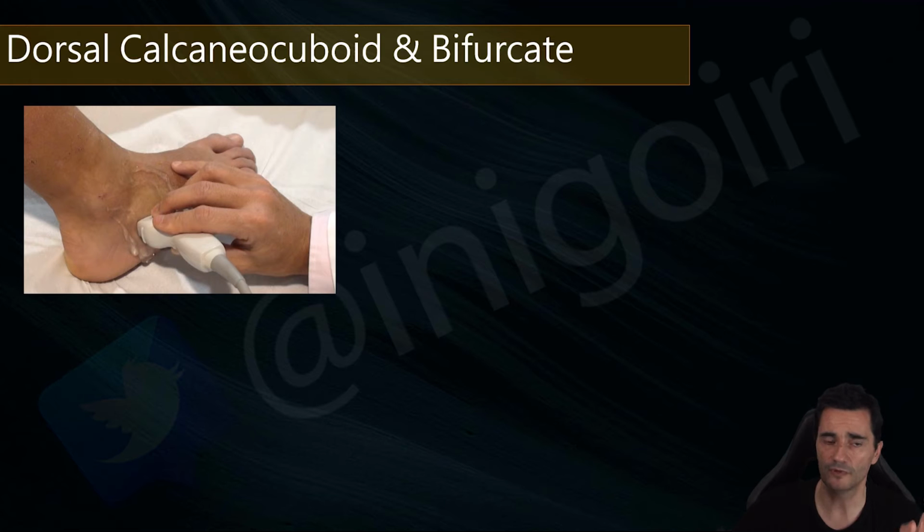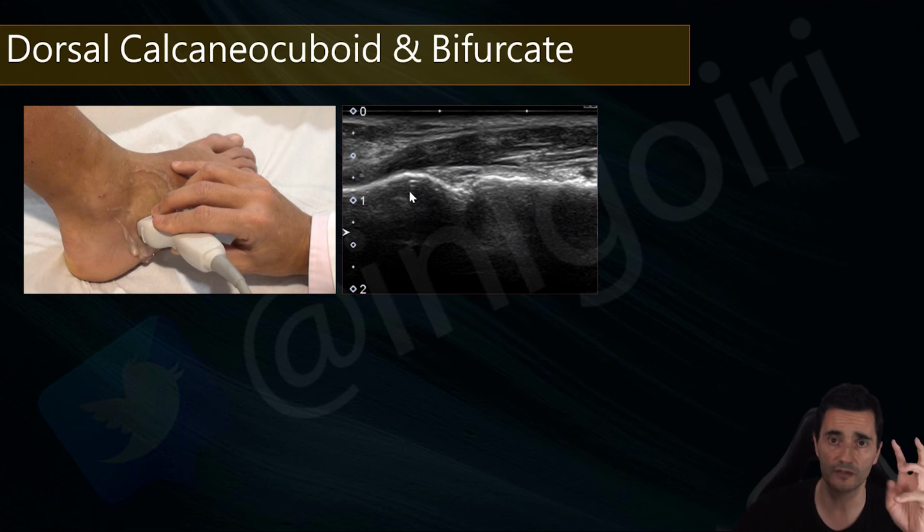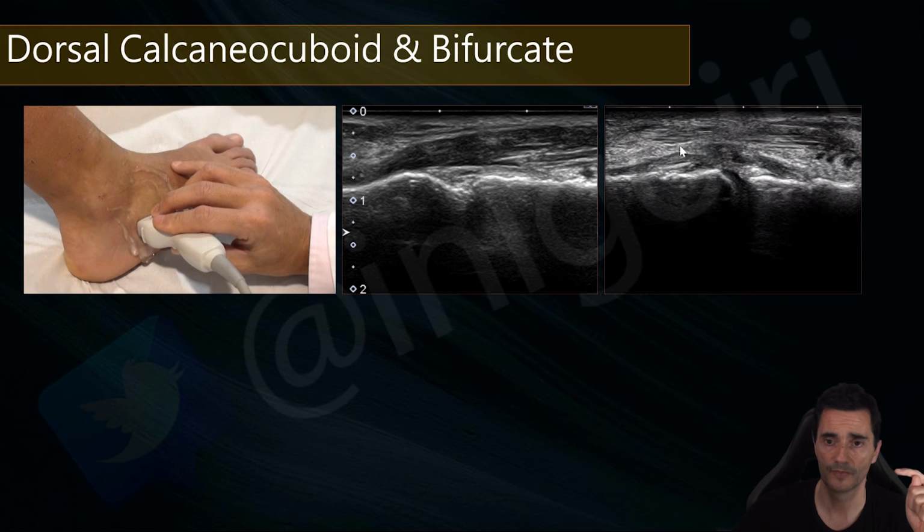Okay, so remember, if we check between the calcaneus and the cuboid at the same level, we are in the dorsal calcaneocuboid ligament. And here another example with this ligament hypoechoic and thickened but without avulsion of the bone. Okay, so this is a unique sprain without bone involvement.